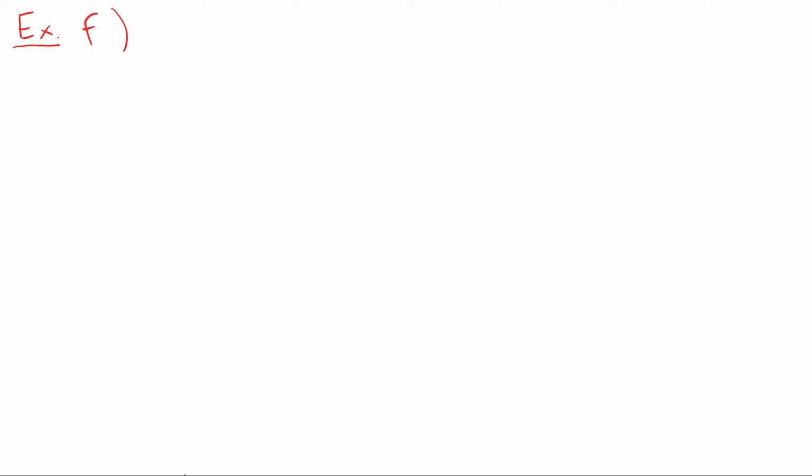Okay, so this one is quite a tricky example because we're bringing multiplying into the mix. So we have 3 root 2 minus 2 root 3, and we're going to be multiplying this by 4 root 3 minus 5 root 2.